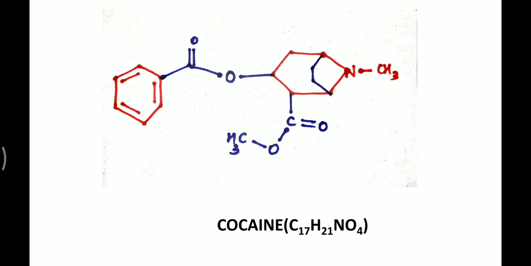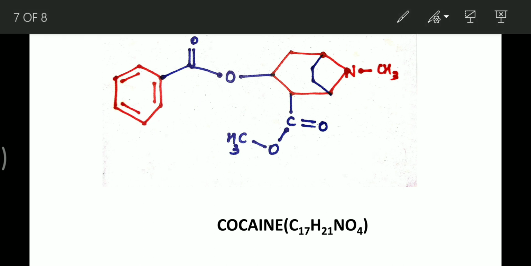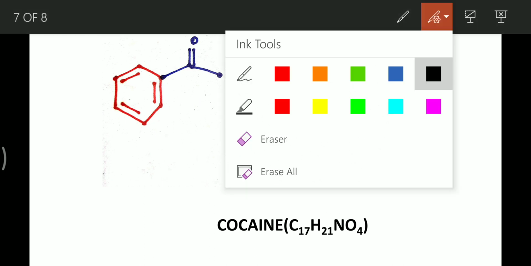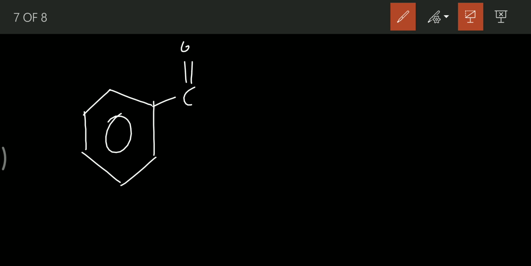So we will see how to draw this structure. First, imagine you have benzoic acid. Instead of writing H, or instead of bonding to H, you must bond this to the para position of tropane.